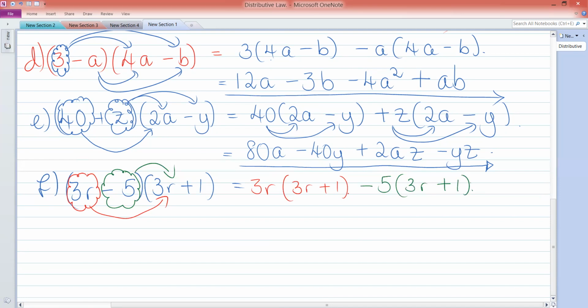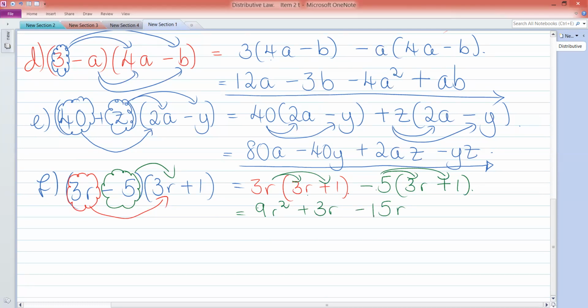Now distribute the 3r into each term inside the brackets. So 3 times 3, that's 9. R times r, that's r squared. Then 3r times 1, that's just going to be 3r. Then minus 5 times 3r, that's negative 15r.